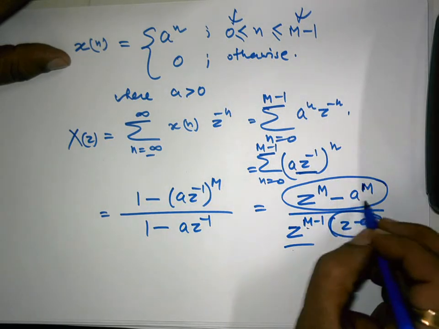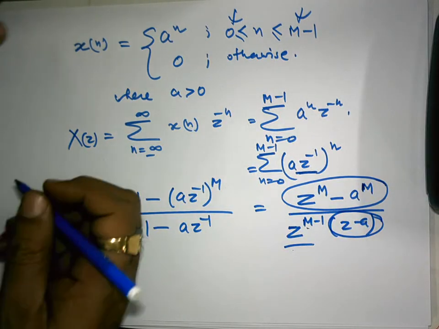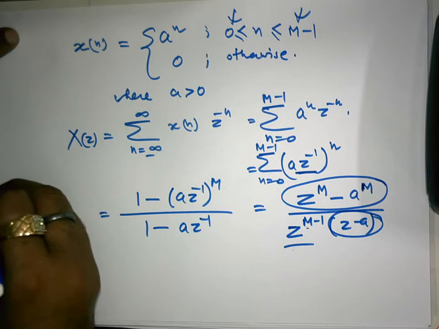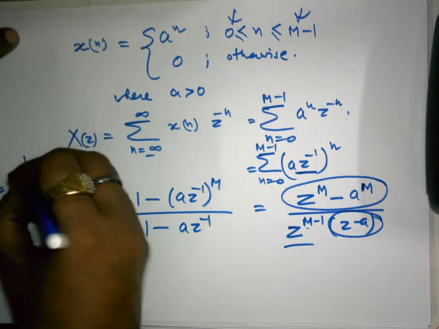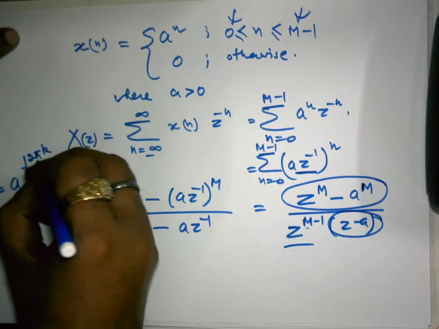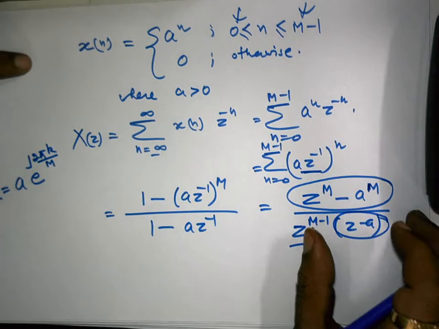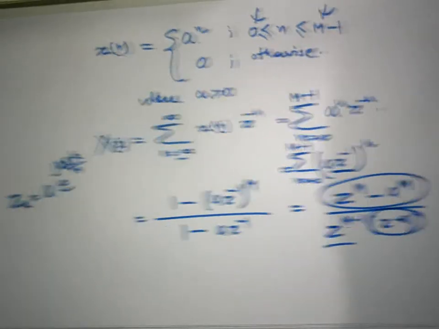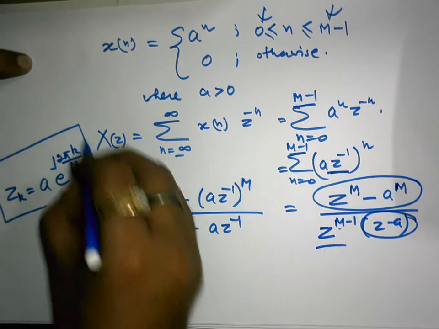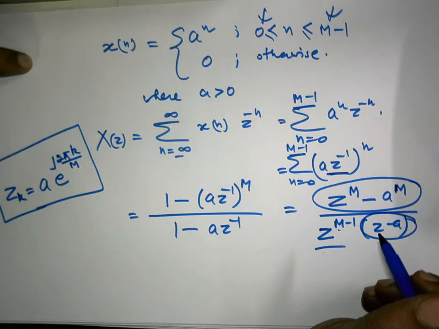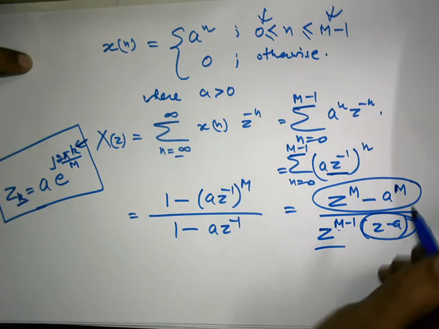If you look at the roots of this, the zeros z_k will be equal to a e to the power j 2 pi k over M. This is the location of the kth zero, and it is having M such zeros.